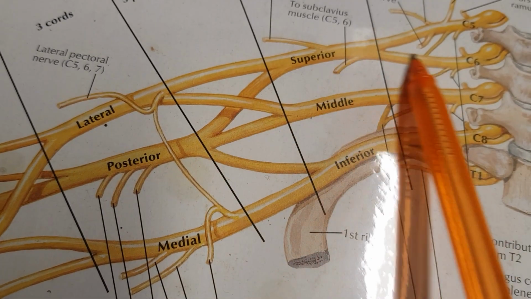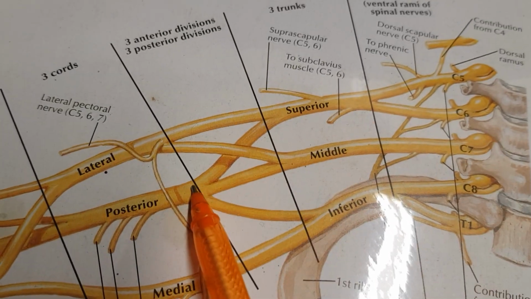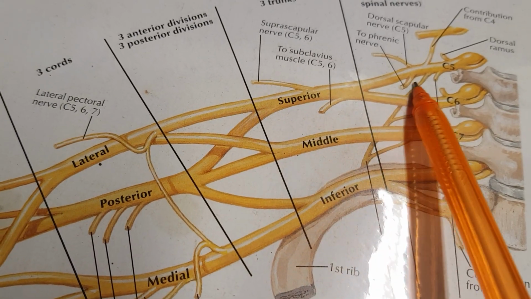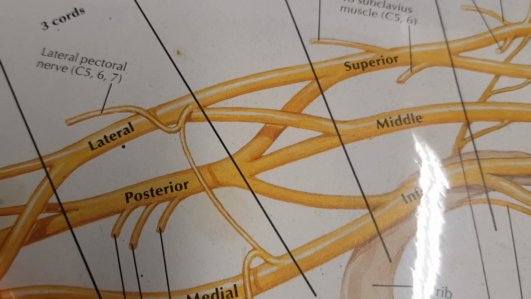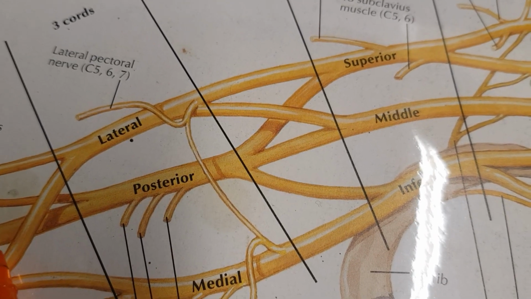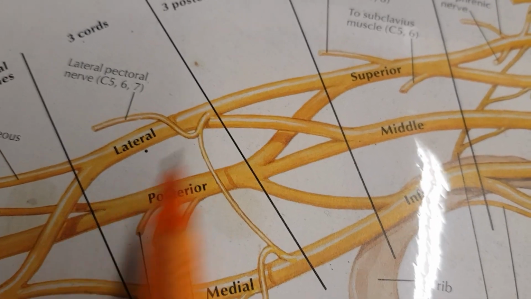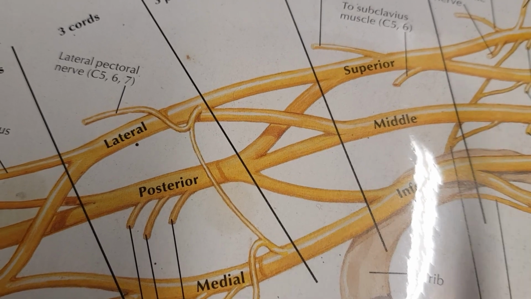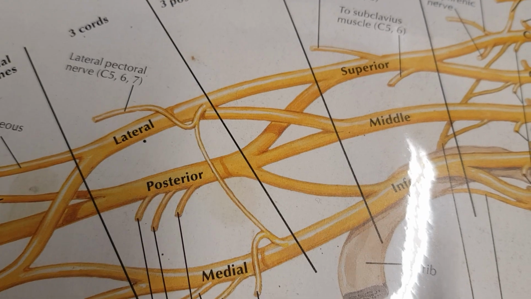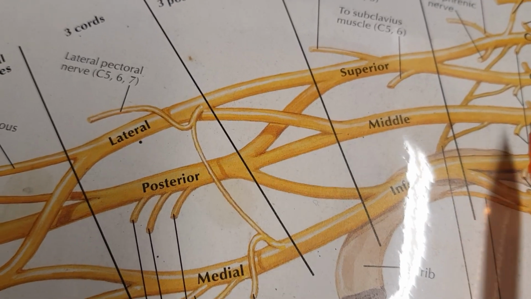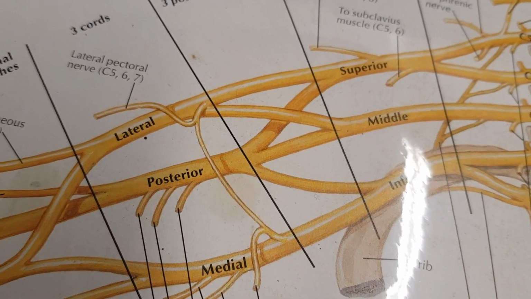Is getting sensation even from C6. Is connected even to C5. So the peripheral nerve is the combination of different nerve roots, especially those peripheral nerves that are from different plexus, like from brachial plexus or cervical plexus or lumbar plexus.